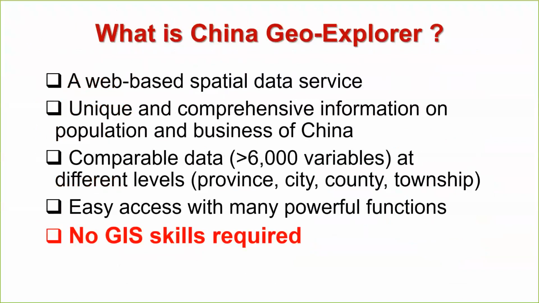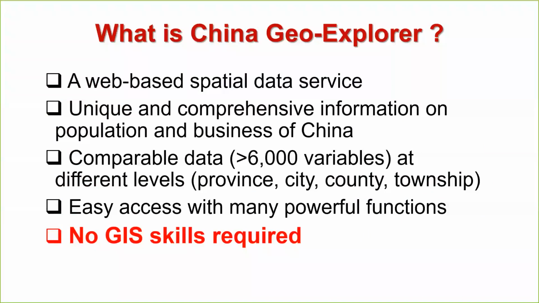China GIS4 provides more than 6,000 variables, and those variables are comparable across different neighborhoods, covering all the provinces, prefectures, cities, counties, and townships of mainland China. The data are also comparable across different years, across different population censuses and economic censuses.